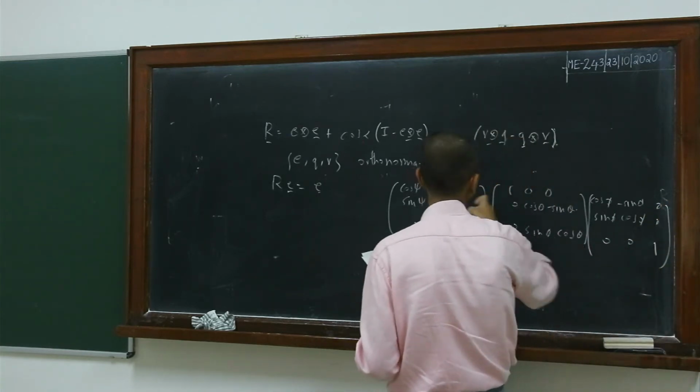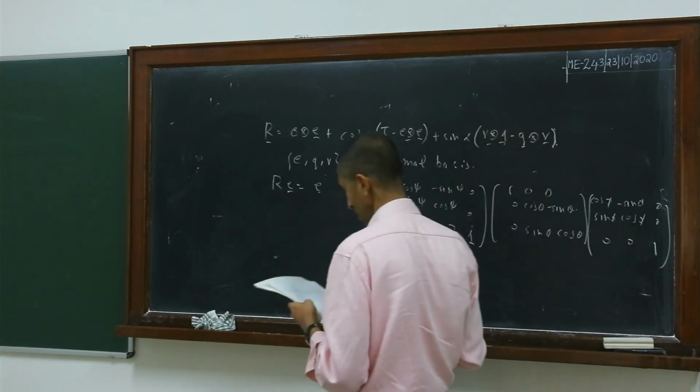These xi, theta and phi are the three Euler angles.